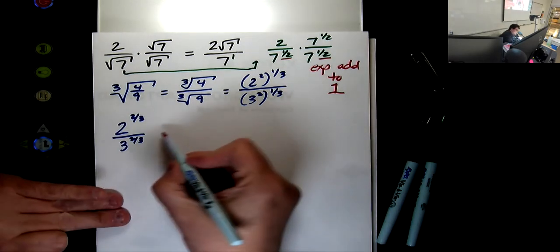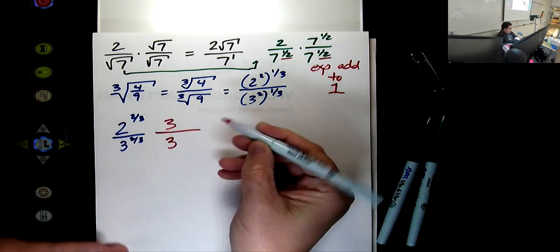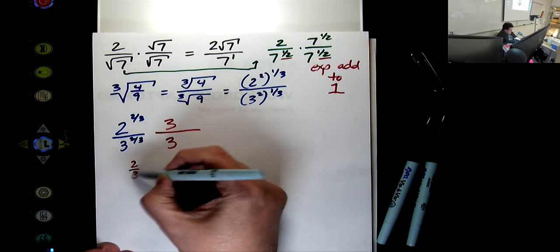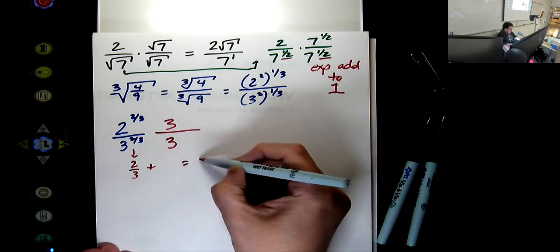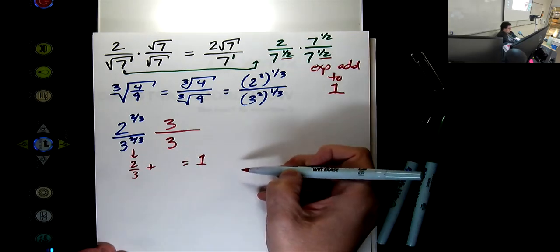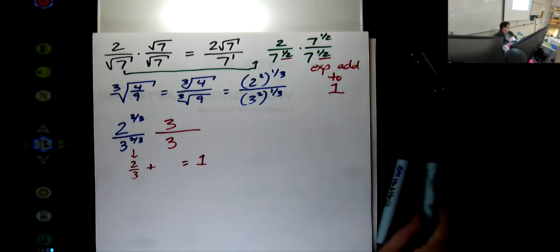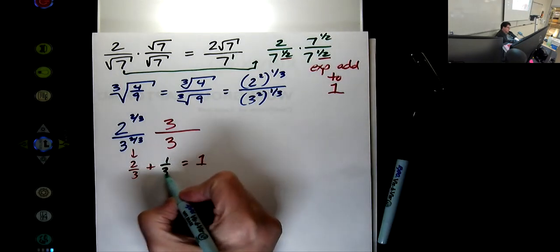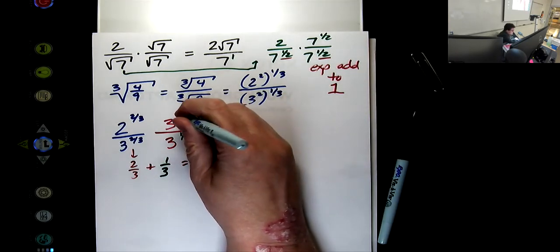I want to do that here. I want to multiply this with 3 to some exponent, where my exponent here is the 2/3. I want to add something to it such that I end up with 1. What do I got to add to 2/3 to end up with 1? I need to add 1/3 to it. That will be the exponent I use.